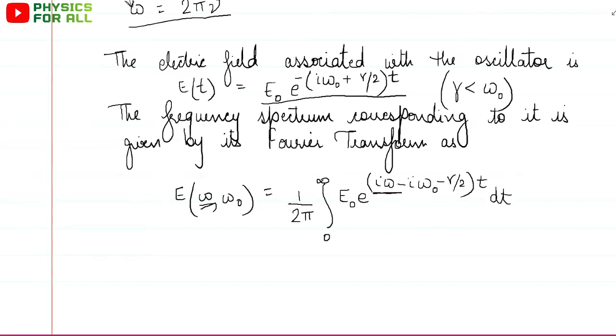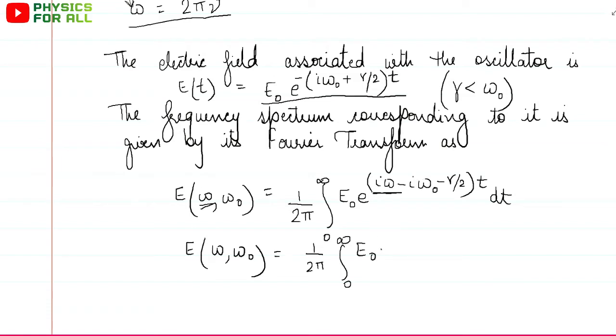So an integral is always with respect to something, and here we are integrating with respect to time, the change in time that is happening. Further, I can write it as 1 upon 2 pi as it is, 0 to infinity, E naught. We are just going to separate the damping factor from the frequency factor.